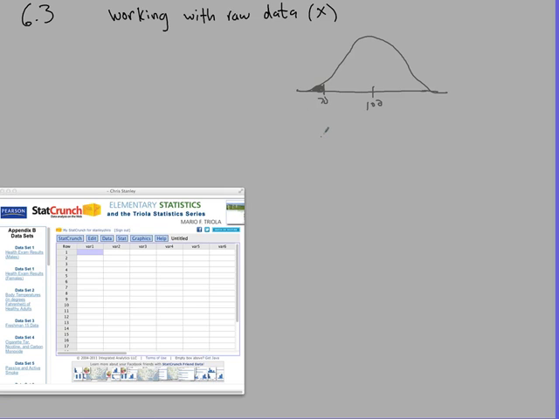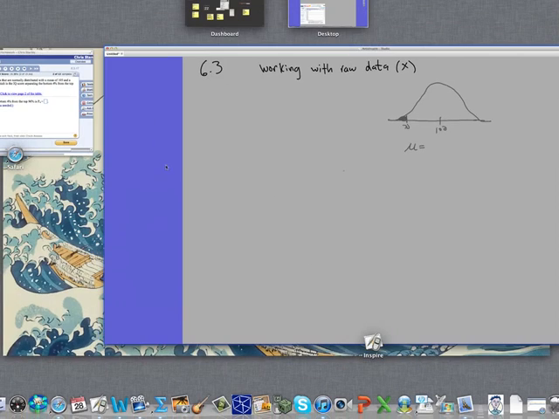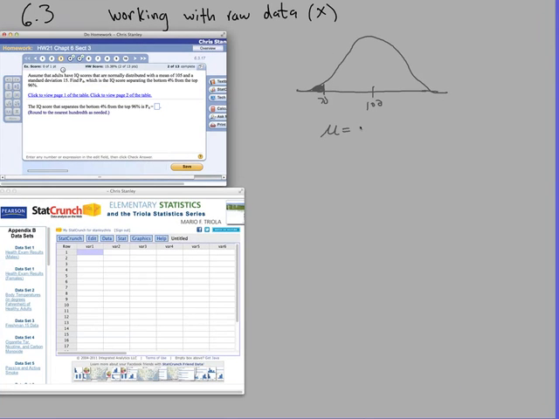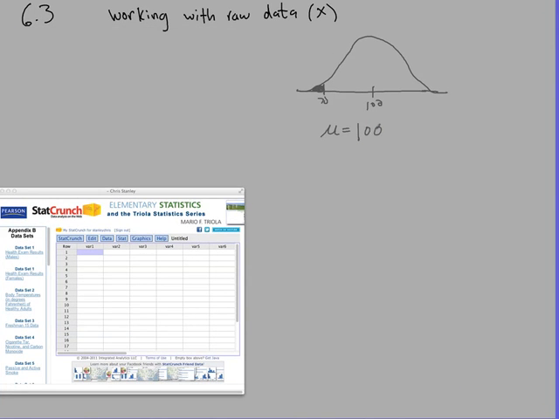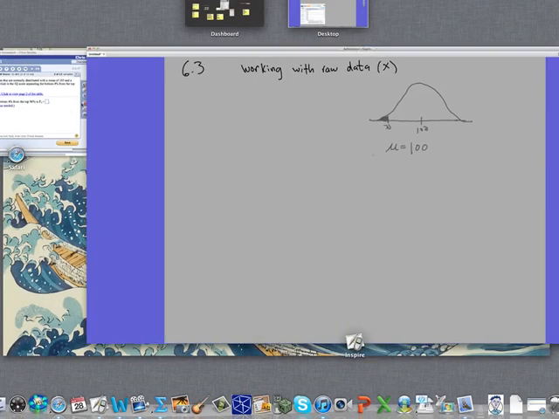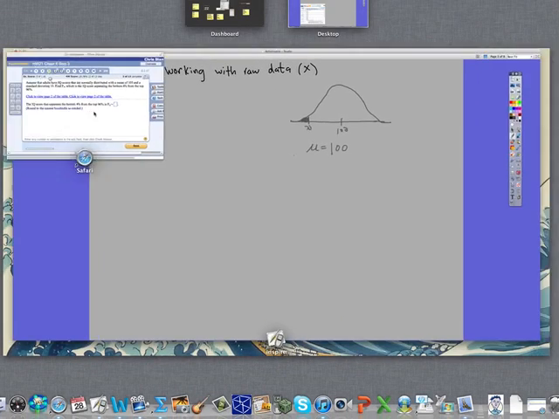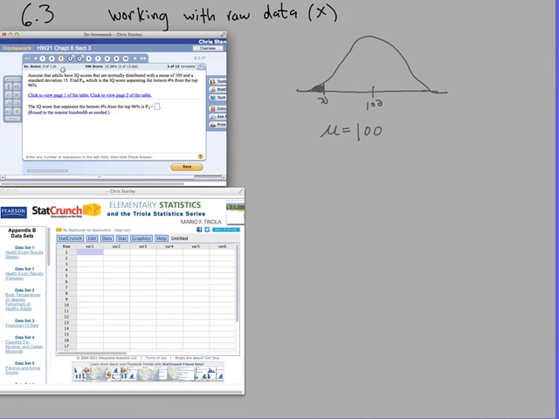Anyways, basically, when you're on StatCrunch, if you're on mu equals 100, let me pull that back up. Mu equals 100 and sigma equals 15, and I'll just show you.